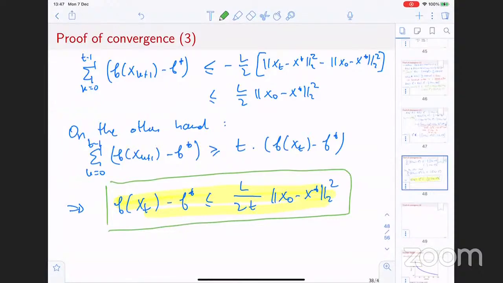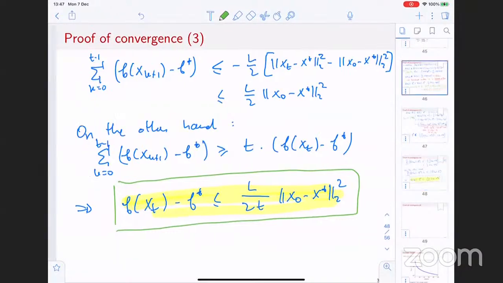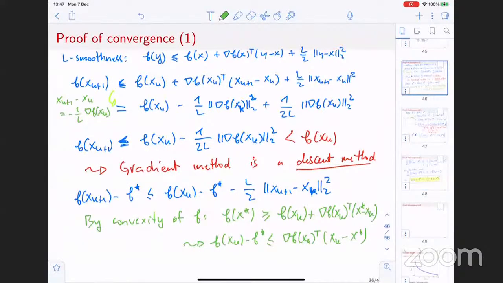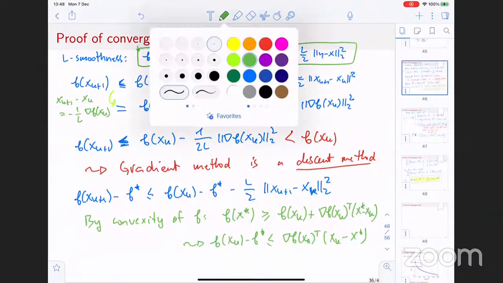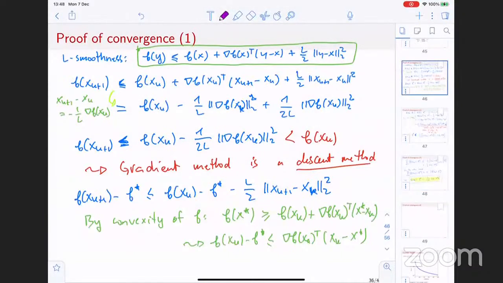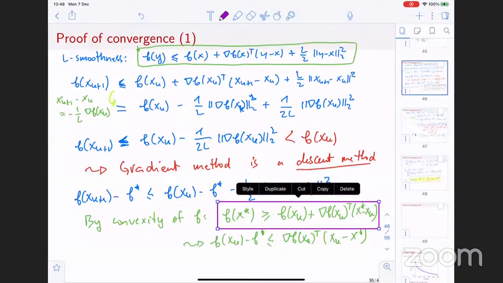If we go back to the proof, it really involved two main inequalities. The first was the usage of the L smoothness, this inequality. This is the first place where we use L smoothness. The only other place where we used convexity is here, to bound f of xk minus f star by the lower bound, the first order Taylor expansion at xk.